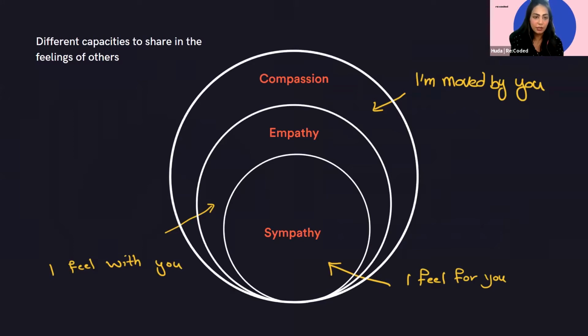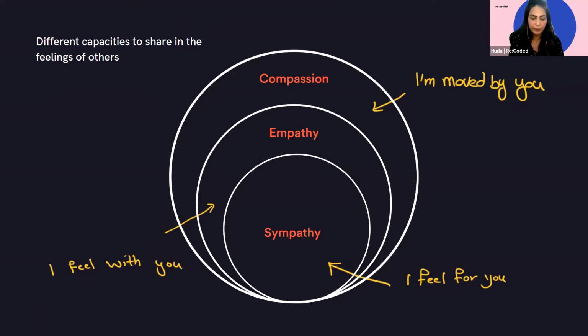We can interact with the emotions of somebody else, but there's a difference of capacity while doing this. Let's start with something called sympathy. Sympathy literally means when we say to someone, I feel for you. When you have some feelings for somebody else, this is called sympathy.